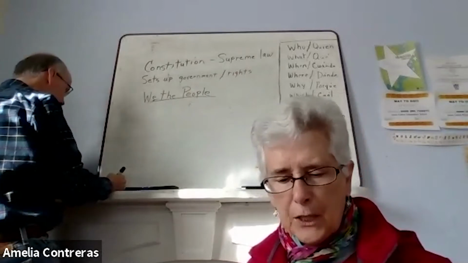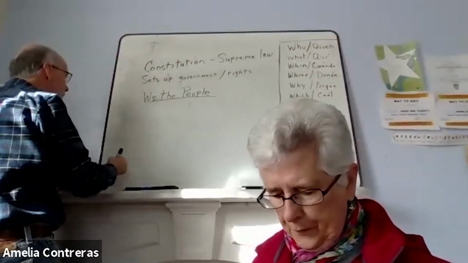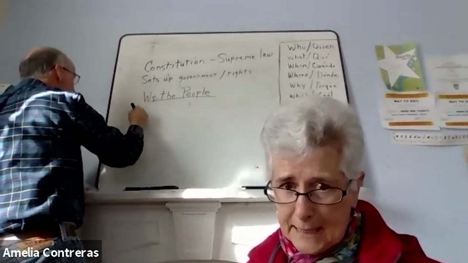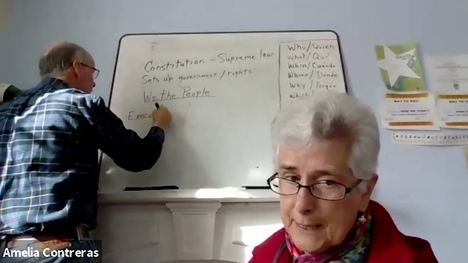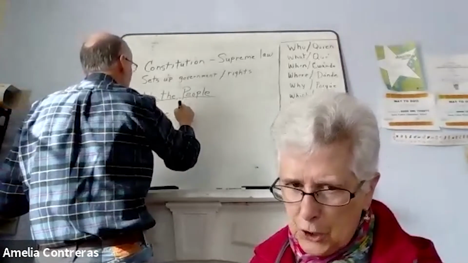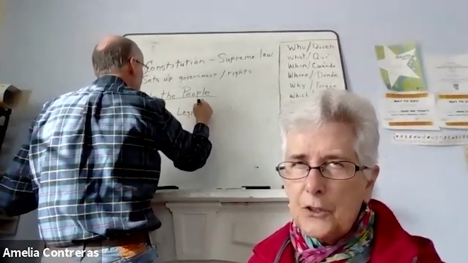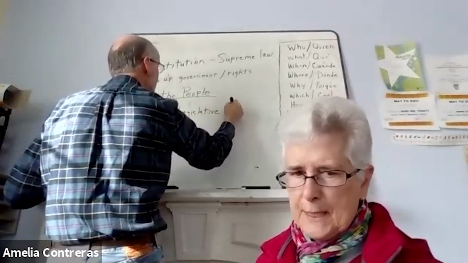Name one branch or part of the government. The government has three branches. There's the executive, which is led by the president. There's the Congress, or the legislative branch. And there is the judicial, which is the courts. The main one is the Supreme Court.